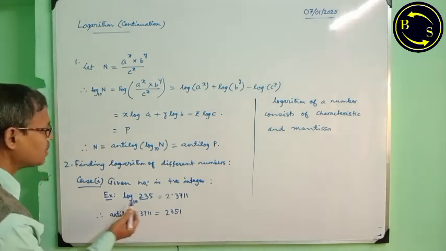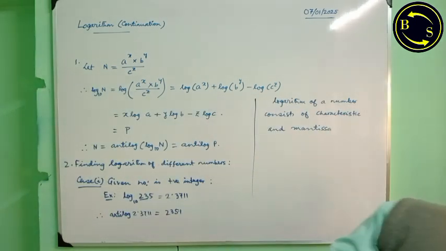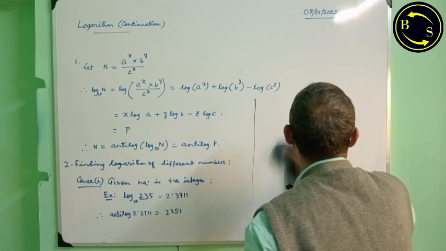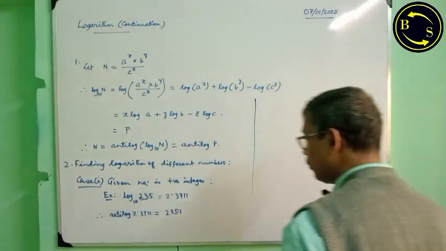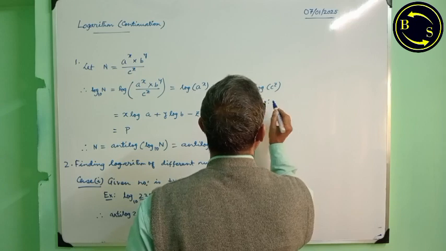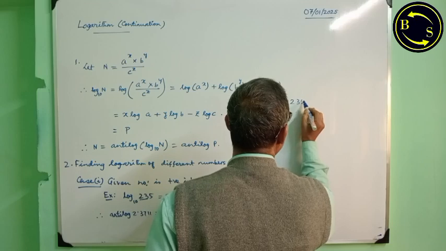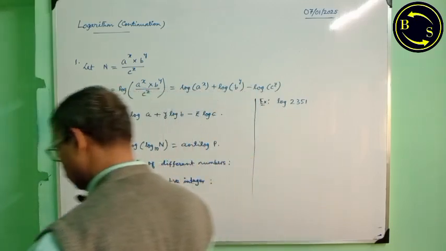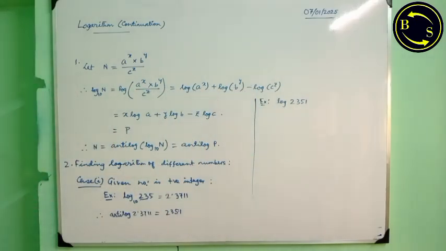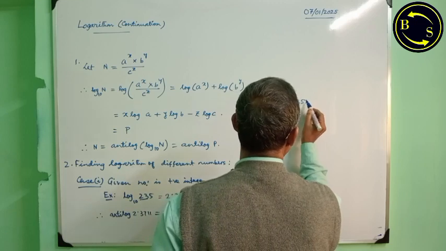Now I increase another digit. For example, log of 2357.